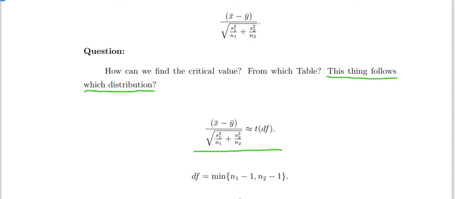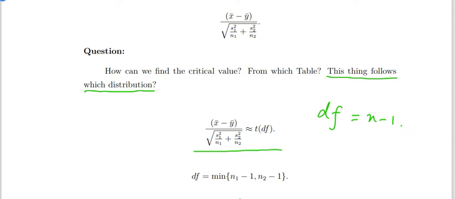For the T distribution, we should determine the degree of freedom. For a one sample problem, we remember the degree of freedom equals n minus 1. Here we have two samples, so we have two n's. Then what is the degree of freedom?